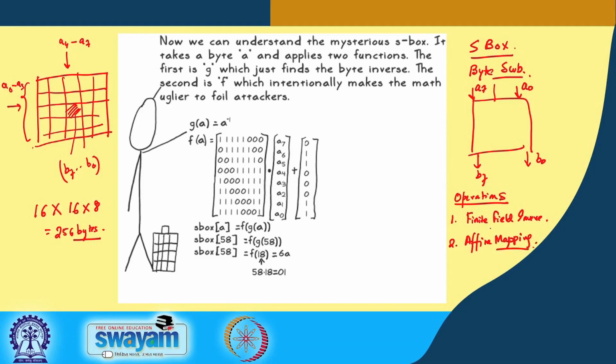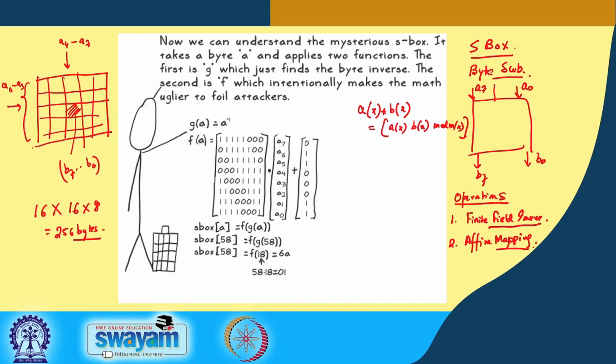So what is a finite field inverse? I have already defined what multiplication is. I know how to take two polynomials a(x) and b(x) which are elements of GF(2 to the power of 8), and a(x) times b(x) is the normal multiplication of a(x) with b(x) modulo m(x).